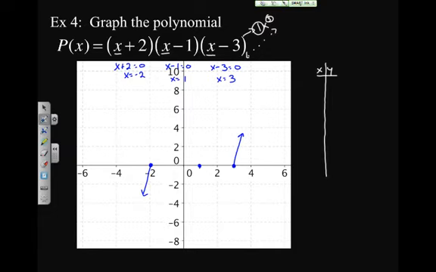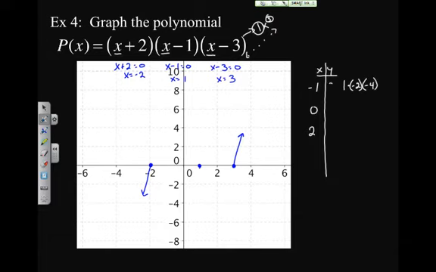So now let's make our t-chart. Let's try just a couple values. Let's go with negative 1, 0 is usually pretty easy, and 2. So we don't have to do tons of values, but just a few. If we plug in a negative 1, we have negative 1 plus 2 is 1, negative 1 minus 1 is negative 2, and negative 1 minus 3 is negative 4.